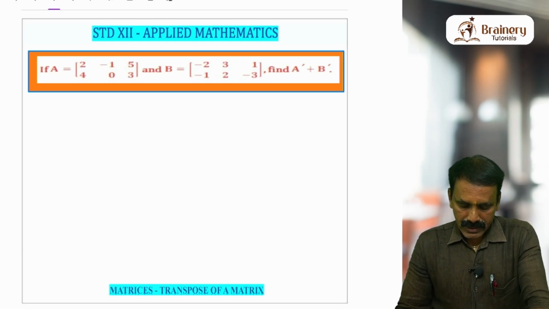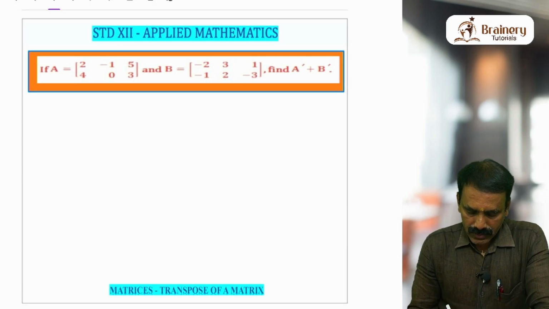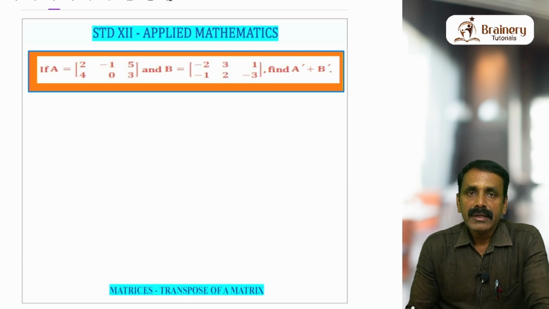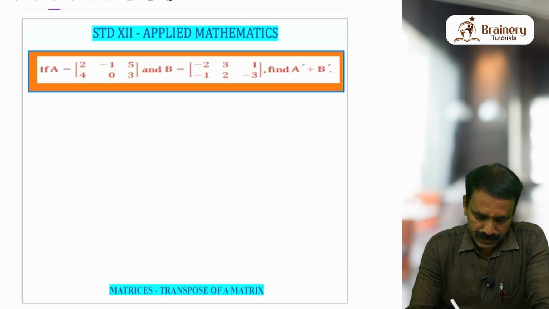Now consider this question. If A is equal to 2 minus 1 5, 4 0 3 and B is equal to minus 2 3 1, minus 1 2 minus 3, find A transpose plus B transpose.